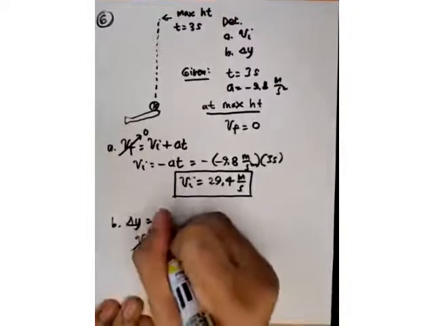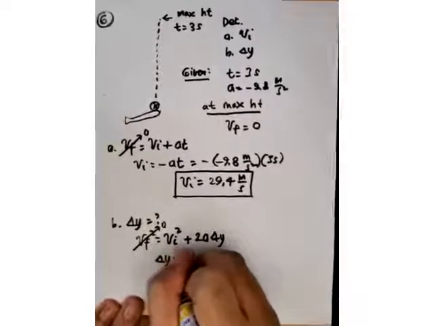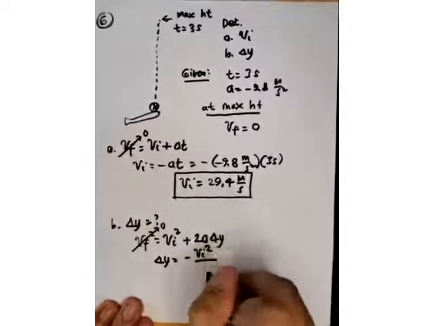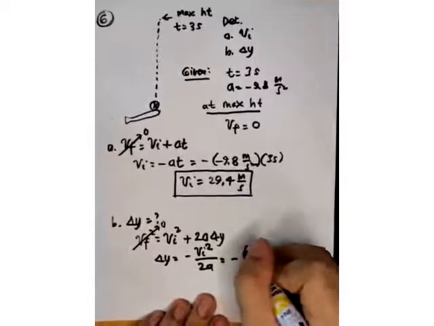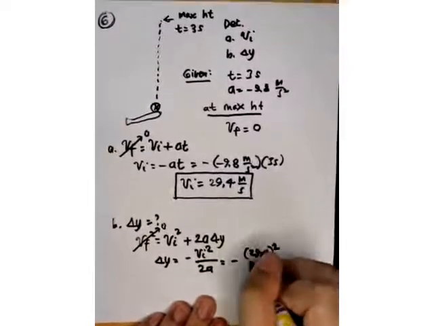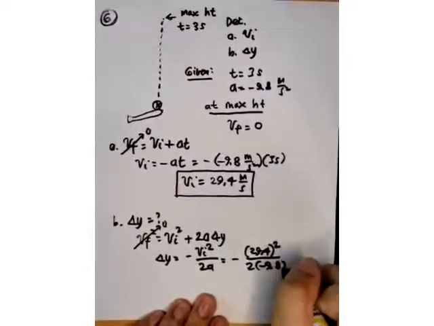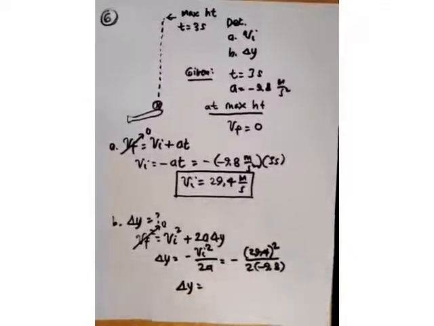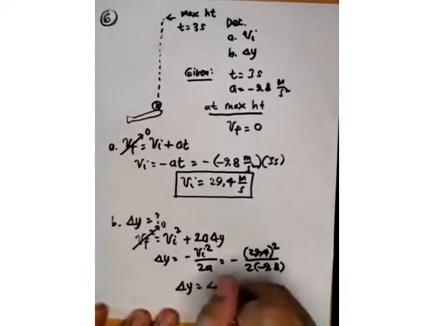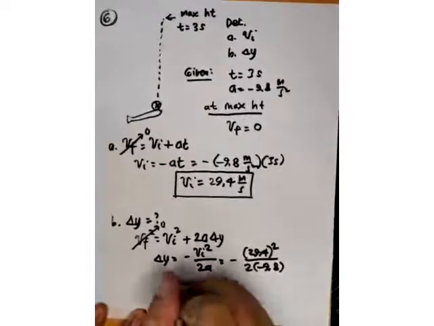Ayan. So, this one is 0. So delta Y is negative VI squared over 2a. So that's negative 29.4 squared over 2 times negative 9.8. So delta Y is 44.1 meters.